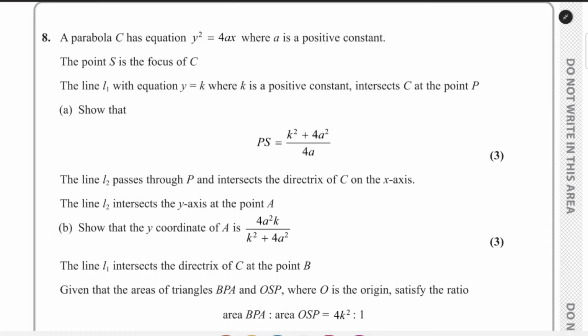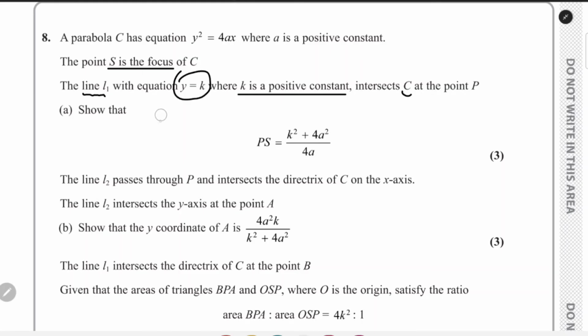Now we go to question number 8, which is a question about parabolas. We are told that line L1 is the line with equation y equals k, where k is a positive constant, and we are given that this line intersects the parabola at point P, and we have to find the distance of point P from the focus S. Now we know that the y value of the line is equal to k, so we can just put that over here.